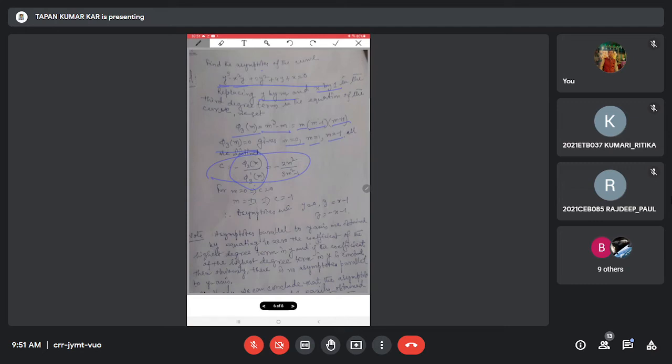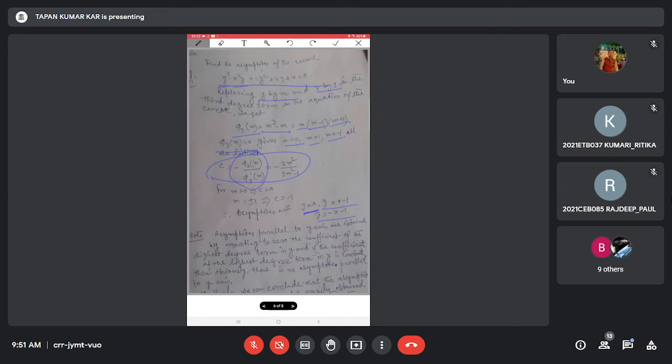So asymptote is y equal to 0. Y equal to mx plus c, m is 0, c is 0, so y equal to 0. And for m equal to 1, c equal to minus 2m square, that is 2, over 3 minus 1, that is 2 by 2, minus 1. In this way you will get the other asymptote also. So this is the method you have to remember.